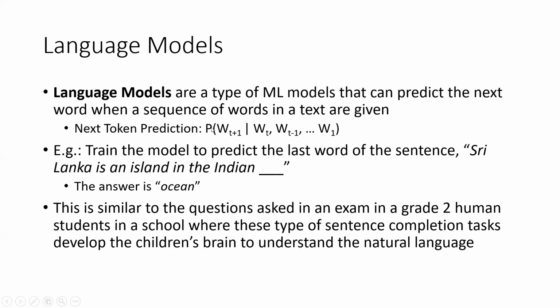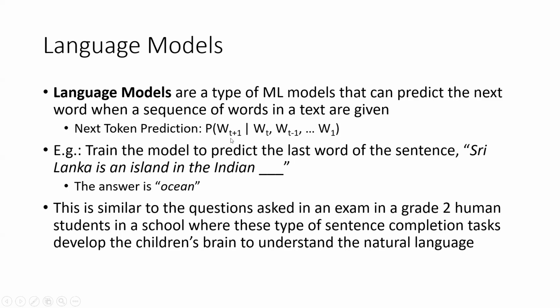So this next token prediction can also be represented in a probability format, where you are given the first word up to the word in the current timestep, and you are trying to figure out the probability of the next word.